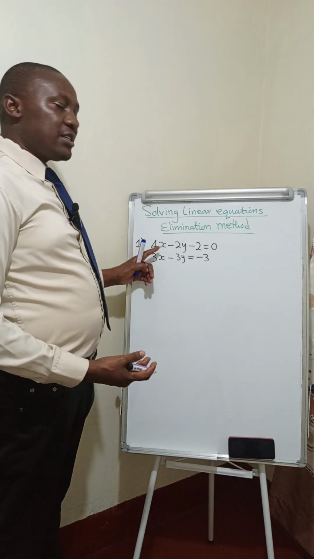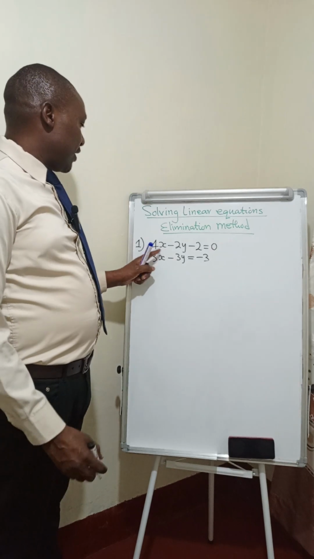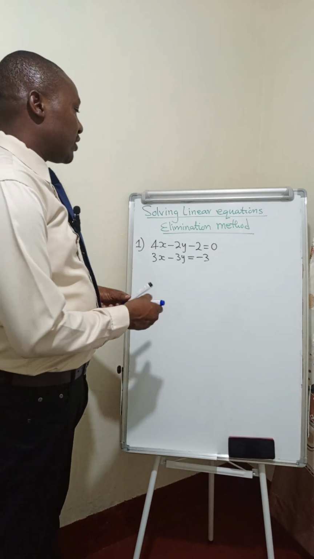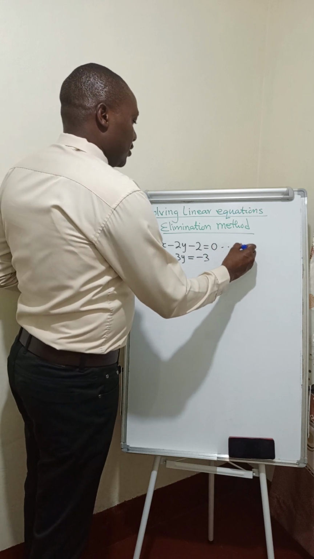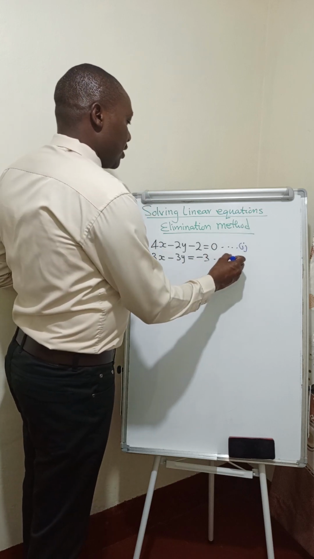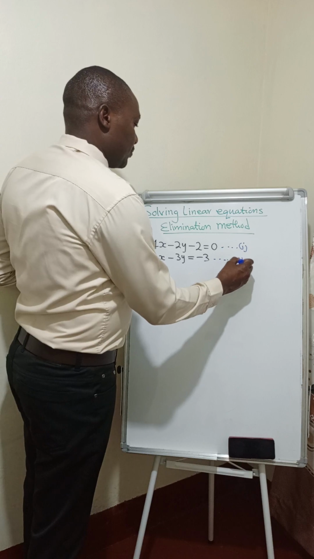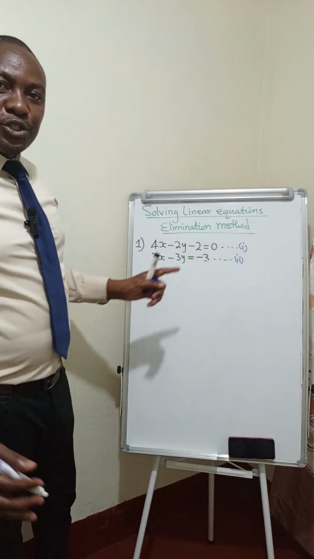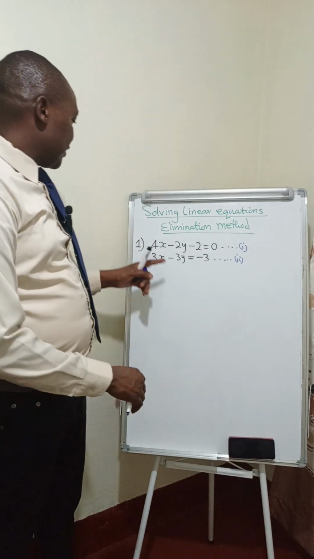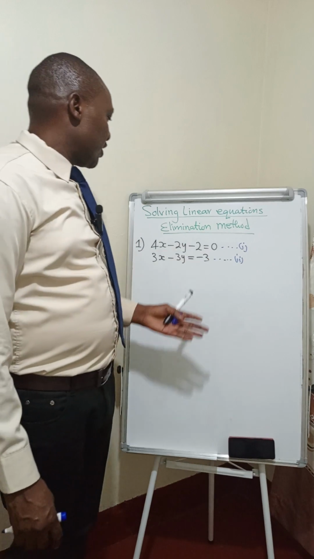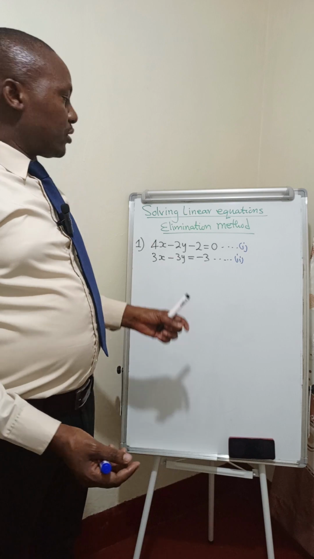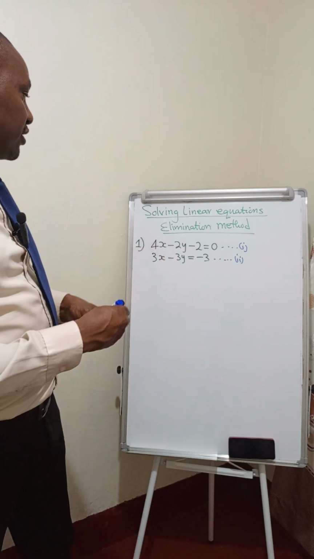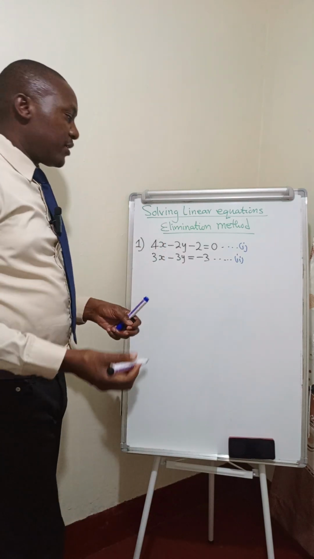You see, there is a new arrangement here. How this one is arranged, as usual, give it equation 1 here, equation 2. If you look at equation 1, it is arranged in such a way that you will ask yourself, now we have the unknown this side to be 0. Step number 1 in this case will be different from the others.